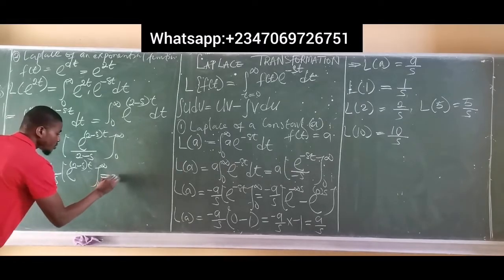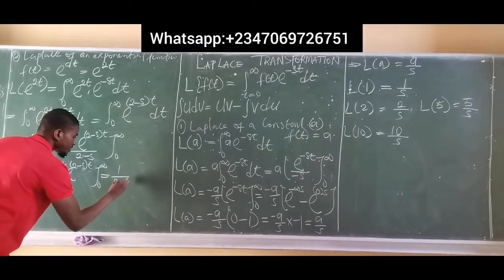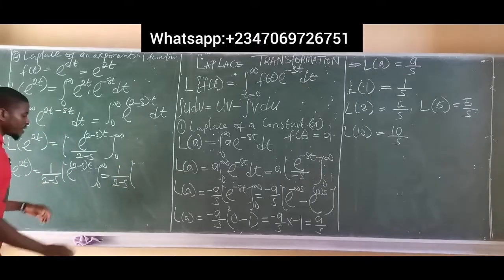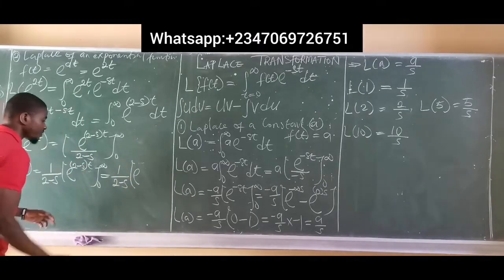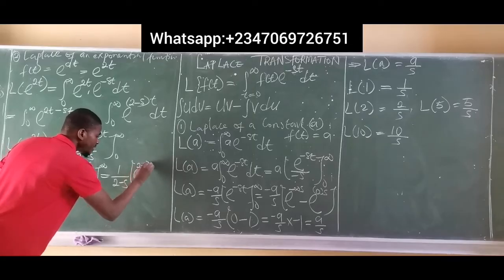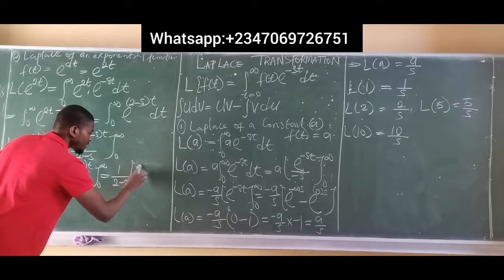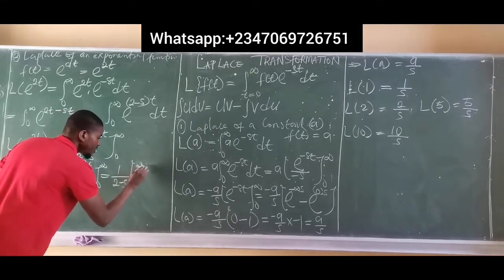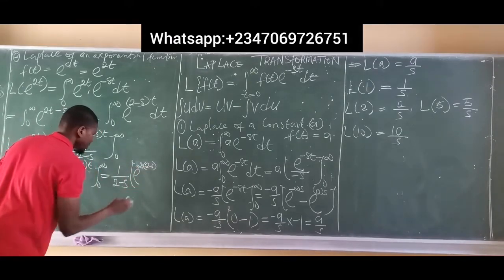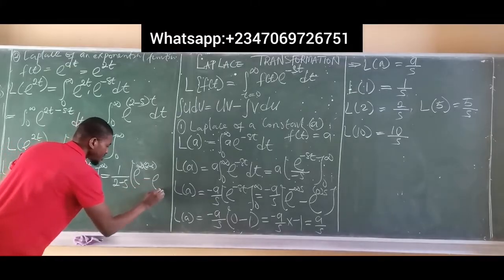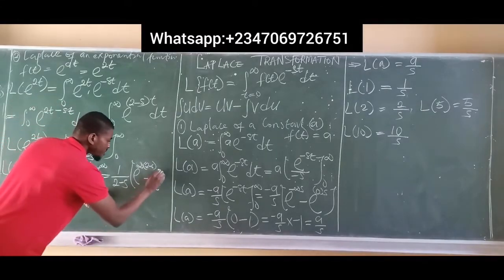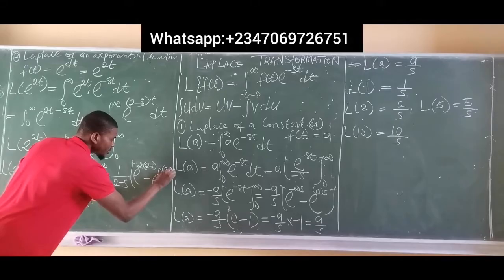This is equal to 1 all over 2 minus s into exponential, upper limit comes first, (2 minus s) times infinity, minus the lower limit, which is 0, so it becomes exponential 0 multiplied by 2 minus s.